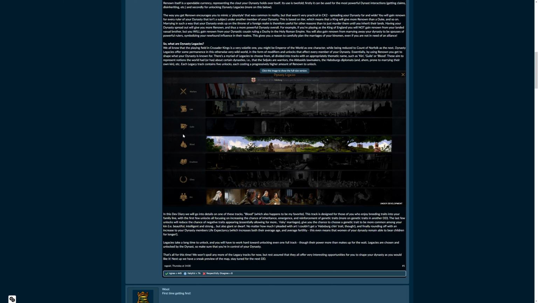This track, so they are called tracks, is designed for those of you who enjoy breeding traits into your family line. The first few unlocks, all focusing on increasing the chance of inheritance, emergence, and reinforcement of genetic traits. So, we'll go deeper on genetic traits and the roleplay connected to them in Crusader Kings 3, and that there's a special thing about this coming in another dev diary.